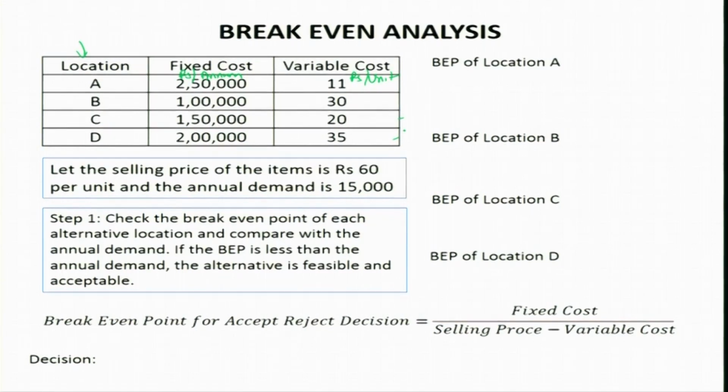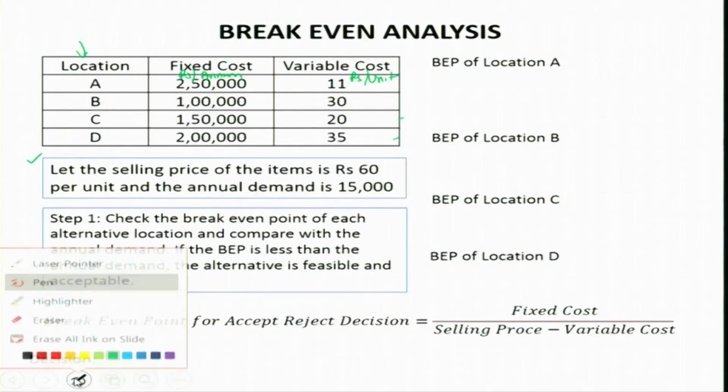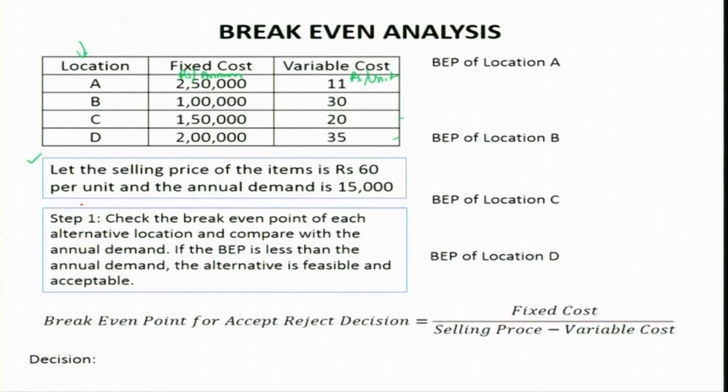I also assume that for this particular situation, the selling price of the item is rupees 60 per unit and the annual demand is 15,000 units. Now, step 1 is the accept reject decision. That means I have to check that the break even point of these alternatives is lesser than the annual demand of my products.